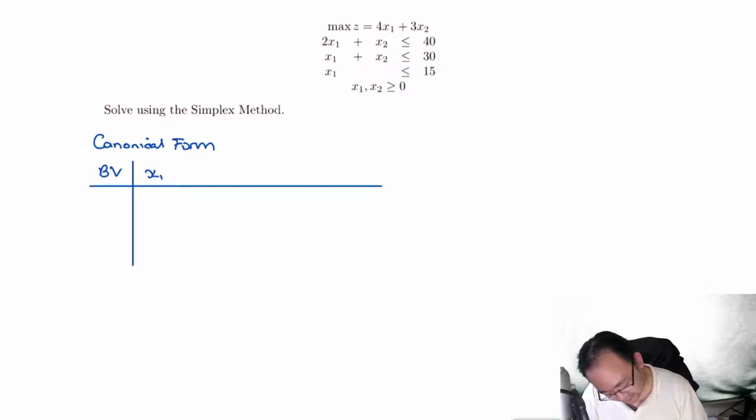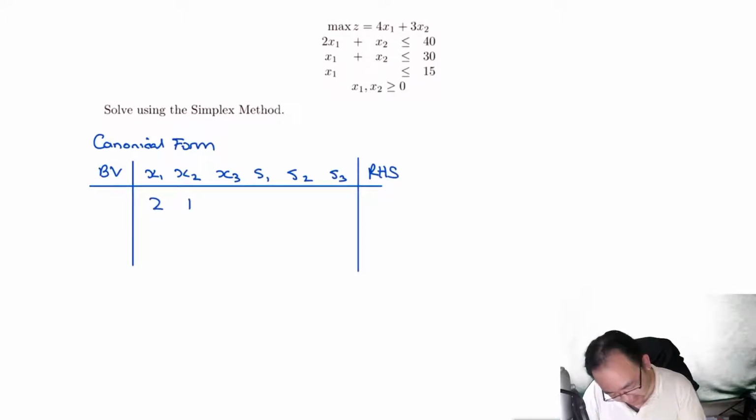So we've got x1, x2, x3, s1, s2, s3, and then the right hand side. Alright, so that's gonna be 2x1 plus x2. Oh, I don't have an x3. Well, that makes things a bit easier.